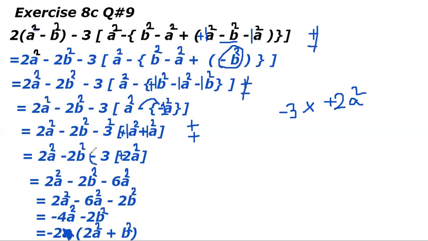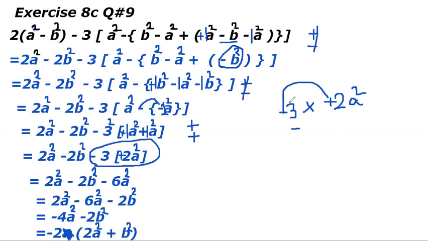I am solving this. Negative 3 multiplied by positive 2a square. First of all we have to multiply the signs. A negative sign multiplied by a positive sign gives us a negative sign.